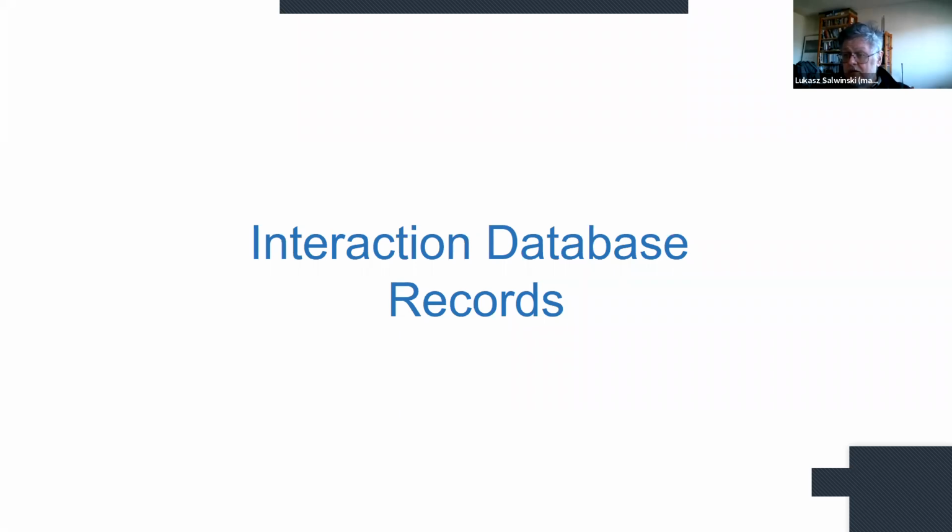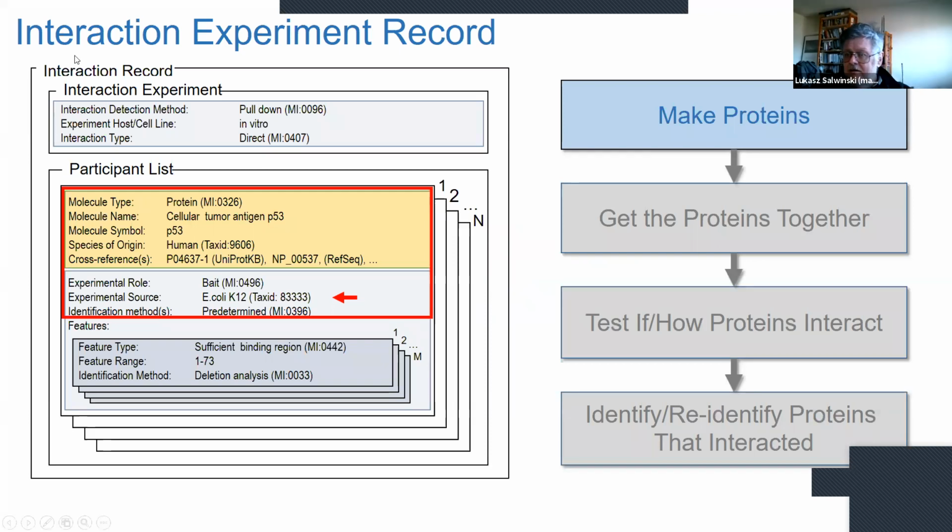Well, each interaction essentially is composed of a bunch of pigeonholes. There are different places that are used for storing information about different parts of the experiment.